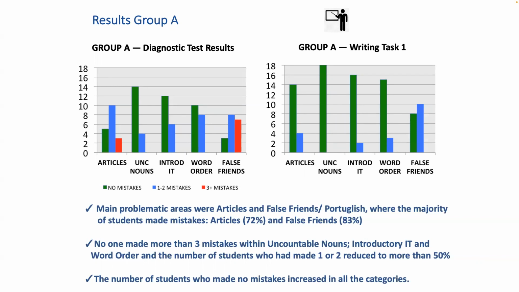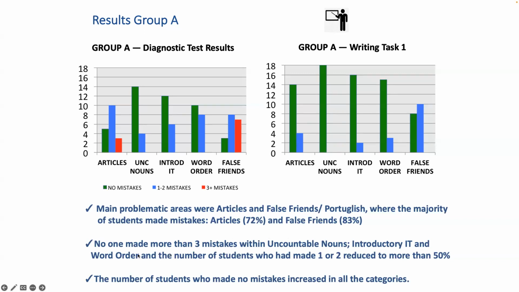Now, between the diagnostic test and writing task 1, the main problematic areas that remained were articles and false friends, where the majority of students still made mistakes. So 72% still made mistakes in the article category, and 83% still made mistakes in the false friends category.